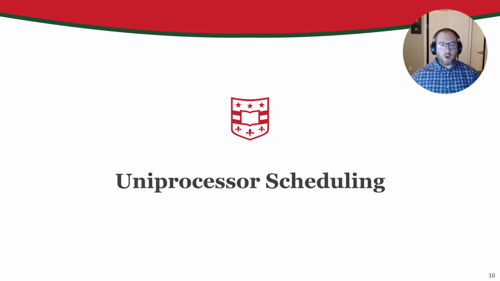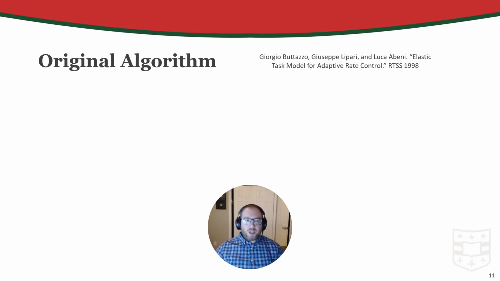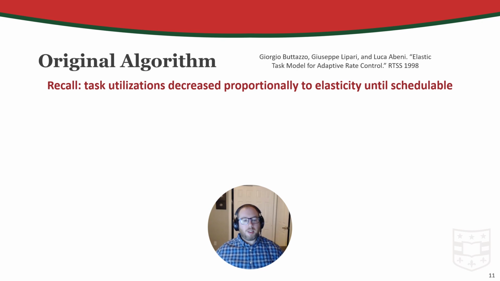Let's begin with uniprocessor scheduling, for which Liu and Layland demonstrated schedulable utilization bounds for earliest deadline first and rate monotonic priority assignments. In the original elastic scheduling algorithm presented by Buttazzo and others in 1998, recall that the idea is to reduce task utilizations proportionally to their elasticities until the system becomes schedulable.